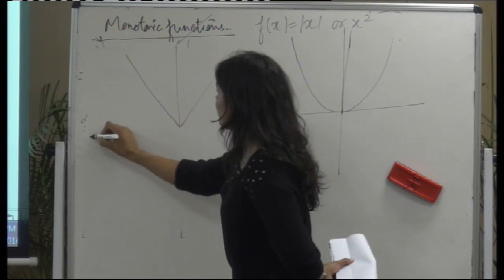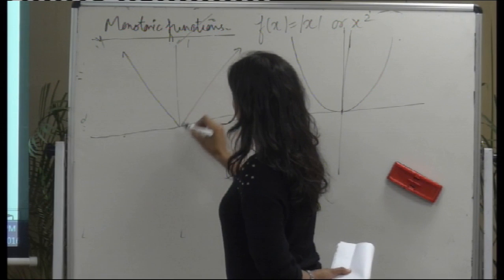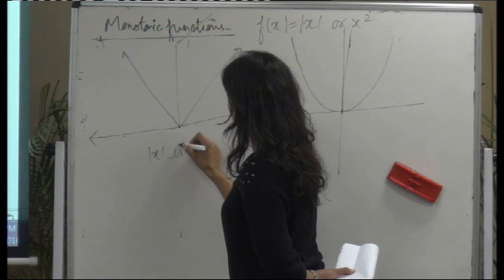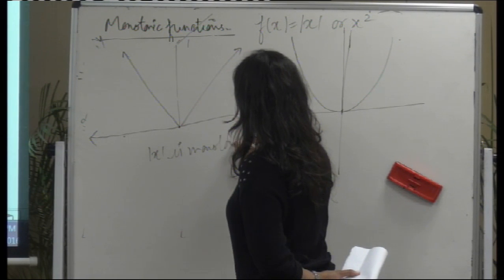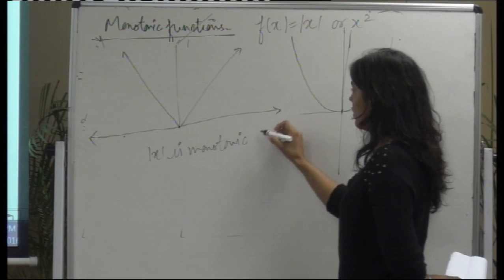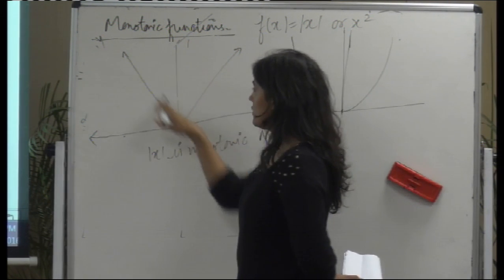What about the mod x function now? Is this monotonic? Why? Yes, because here it is decreasing.